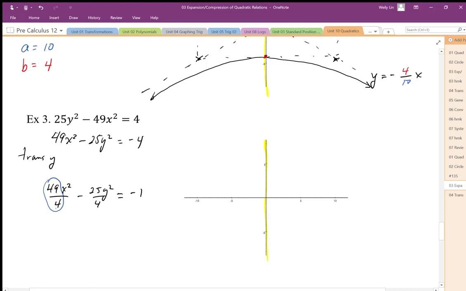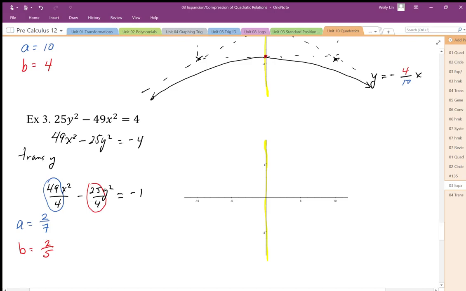I want the denominator, but the denominator would be the reciprocal of what that fraction is. So the a value then is going to be the square root of 4 over 49, or 2 over 7. Same thing with the b. I want the reciprocal form to be able to get the expansion compression factor. So it's going to be 2 over 5. So square root of 4, square root of 25.